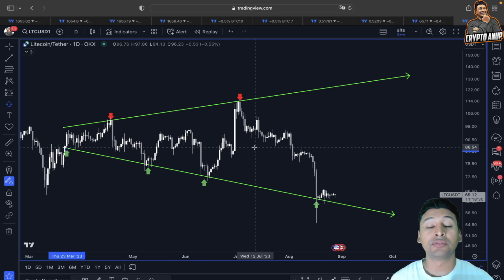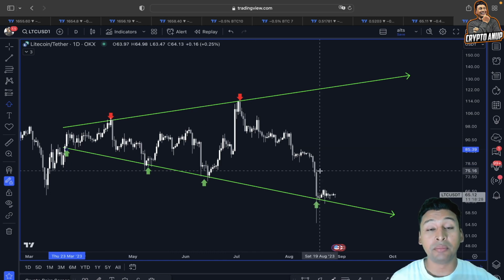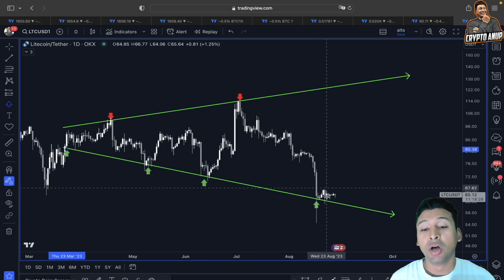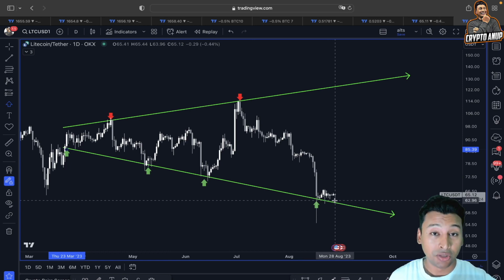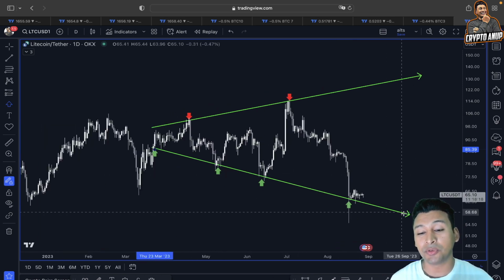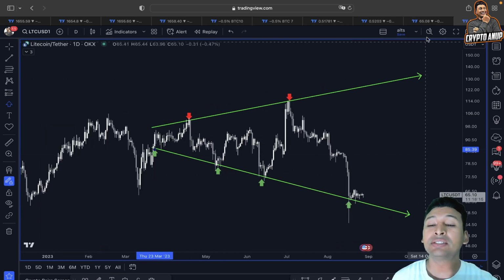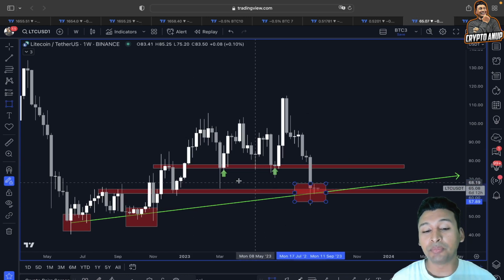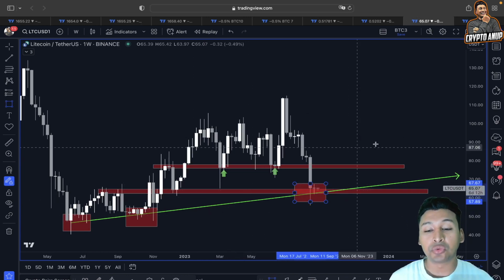So if the price of Litecoin in a daily time frame holds the support above $60, then everything is fine. But if we lose the support from this $60, then we will also be losing the support from this megaphone pattern, broadening wedge, and even the support from this horizontal trend line and the rising trend line.